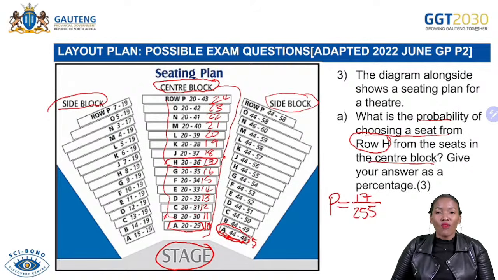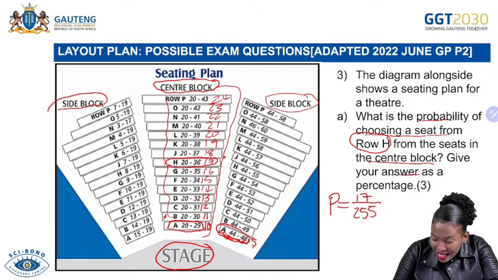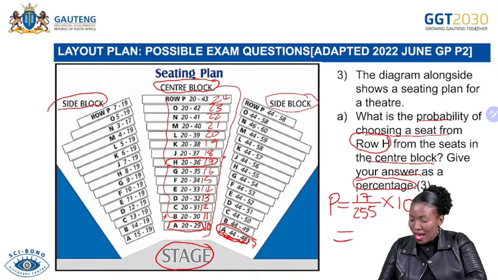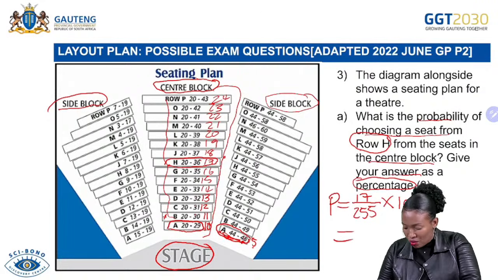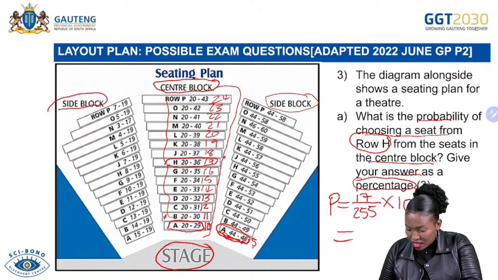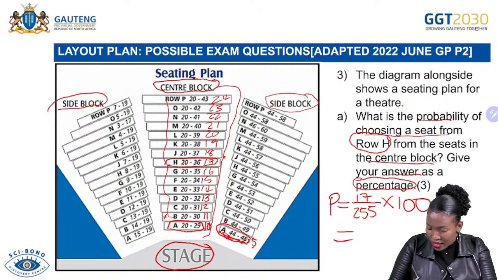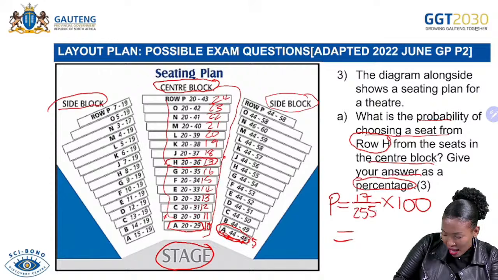But there was an instruction that we must give the answer as a percentage. What is the meaning of percentage? It means we must times by 100. So we punch in on our calculator now 17 divided by 255 multiplied by 100. So the answer is 6.67%.